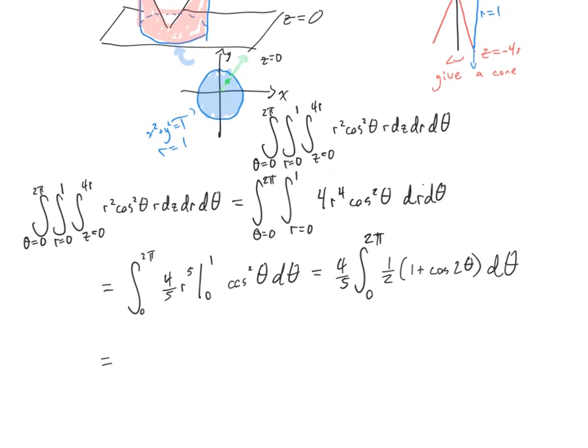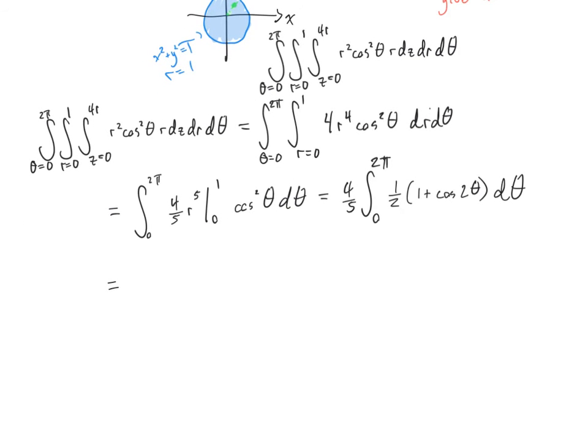And I get 4/5 times a half gives me 2/5. And then I'm integrating 1 to get theta. And cosine has to come from a sine 2 theta, and chain rule tells me I'll get a 2, so I have to multiply by a half to cancel. I'm evaluating theta from 0 to 2 pi.